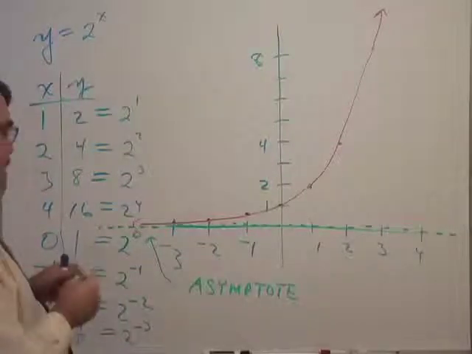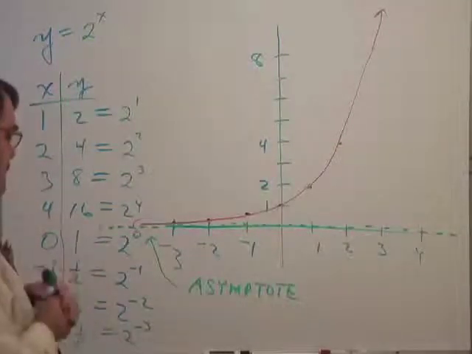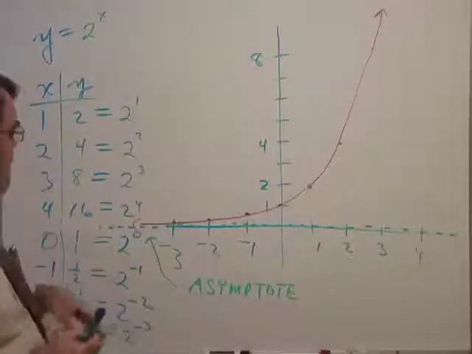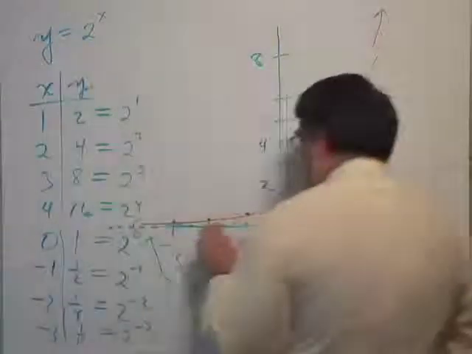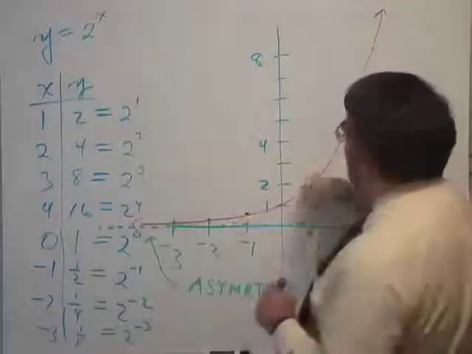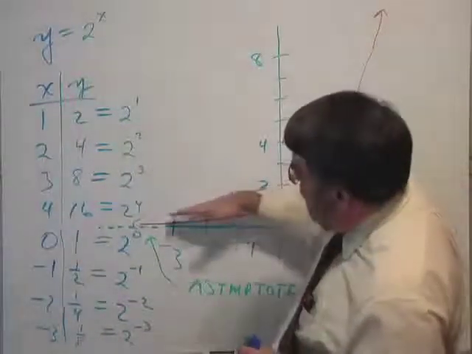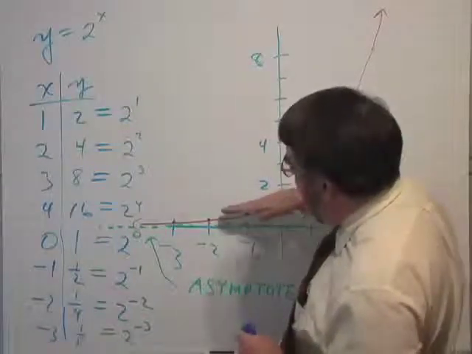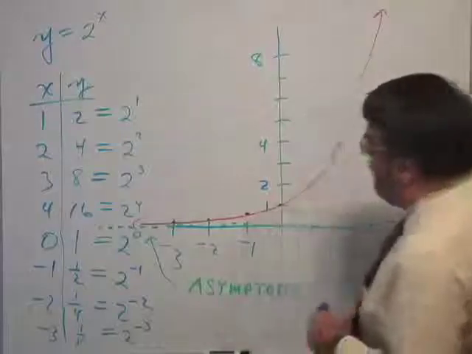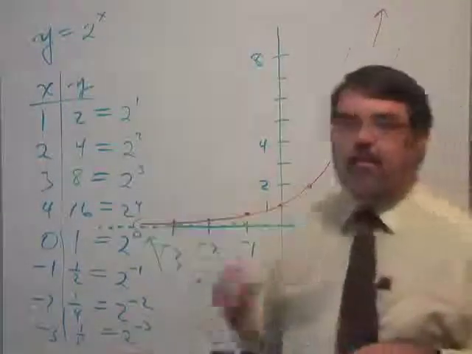Asymptote is how that's pronounced. So I think we don't pronounce the P, just asymptote. An asymptote is a line on a graph, and a graph will converge to the line. It will blend into it. Okay, and this behavior is called asymptotic.